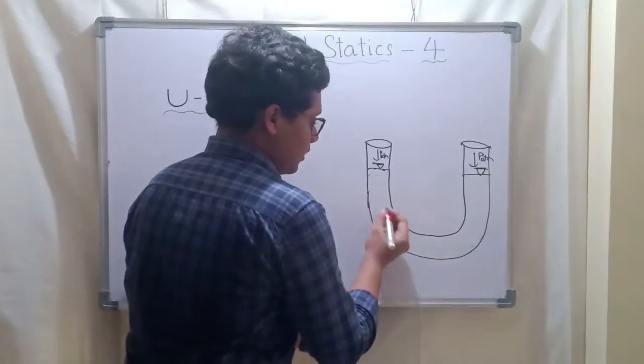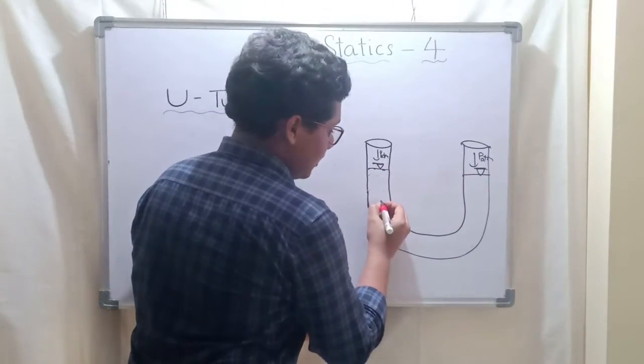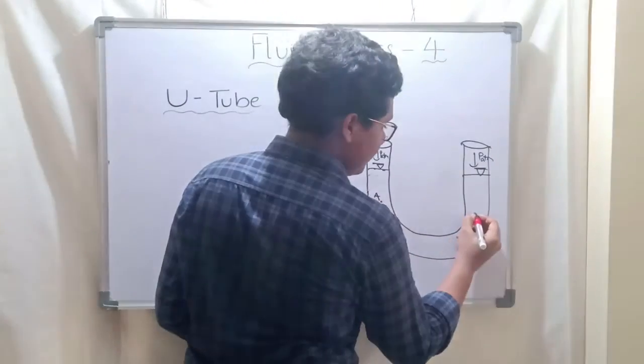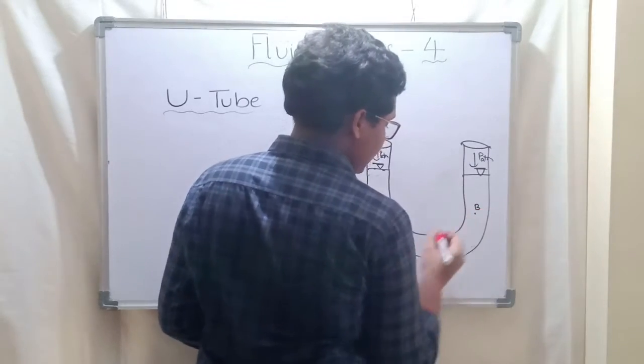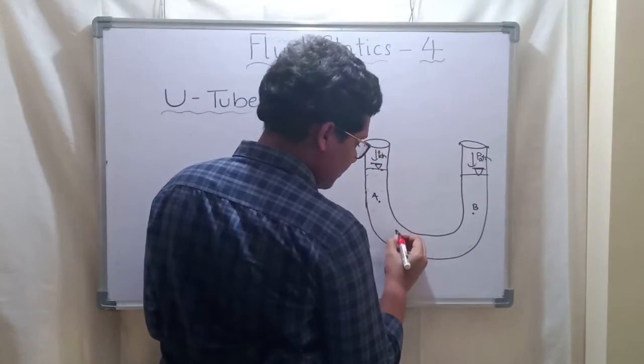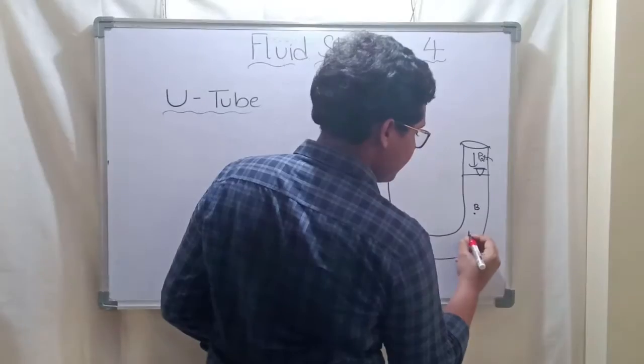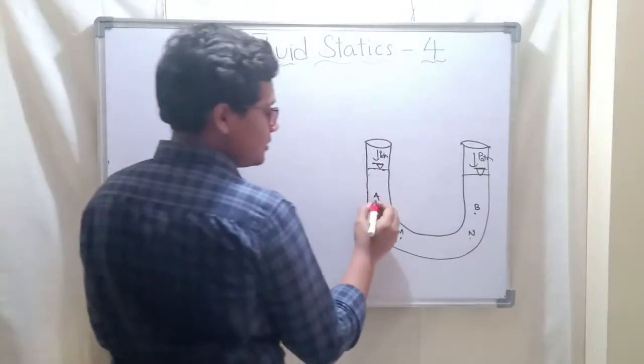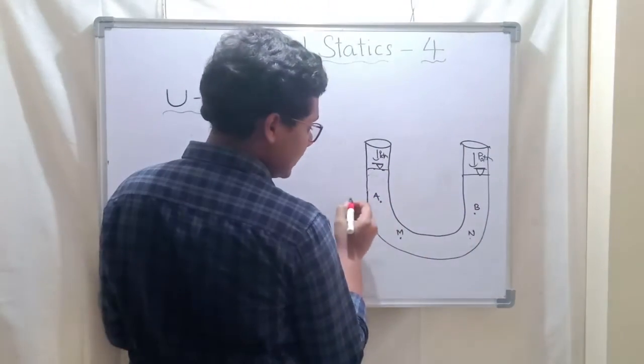See, we will take points A, B, and another points M, N. These both are at the same level.